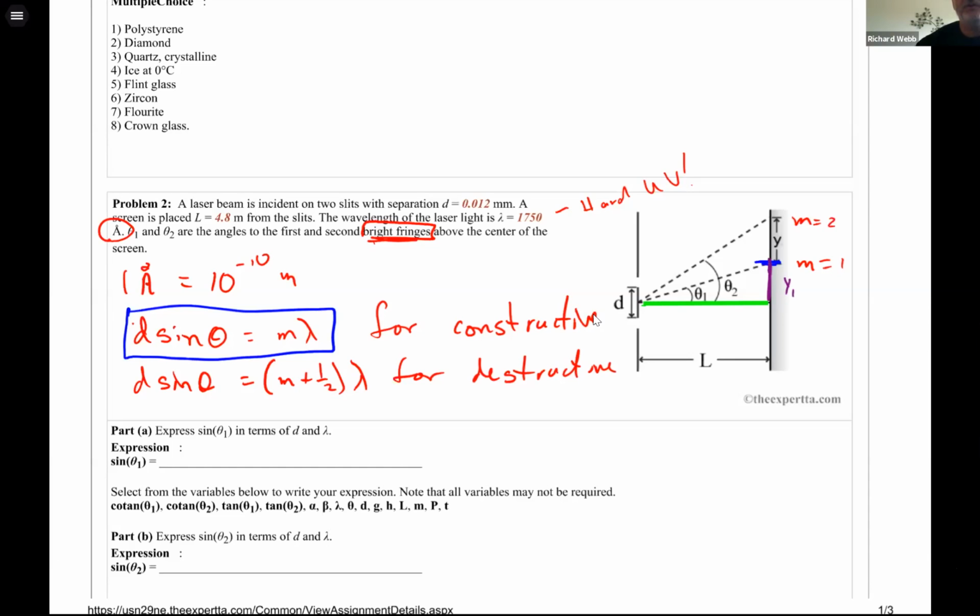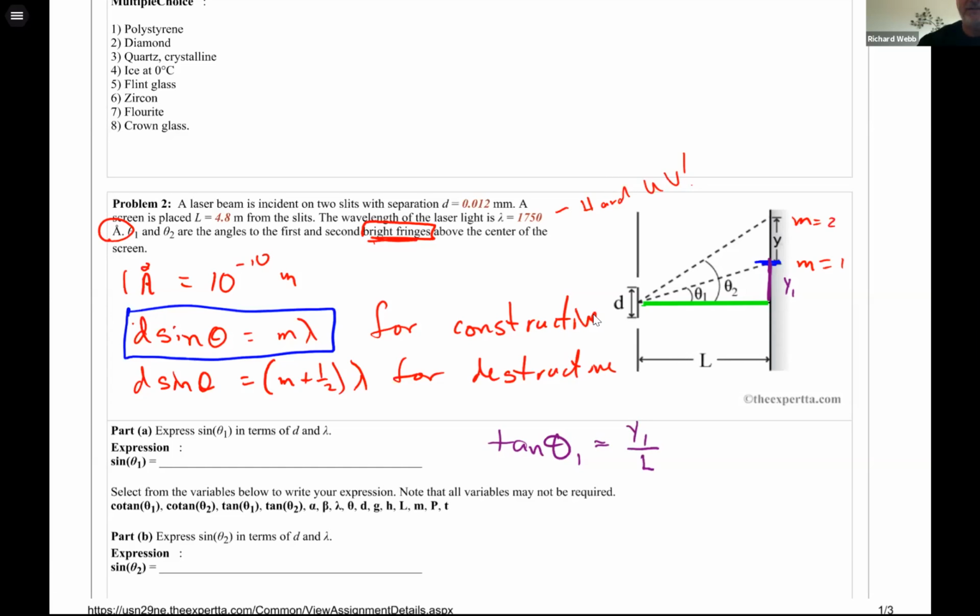So what trig function would relate the known L with the unknown Y1? Opposite over adjacent. Okay, opposite over adjacent, which is tangent. So we have tangent theta 1 is equal to opposite side Y1 over adjacent L.